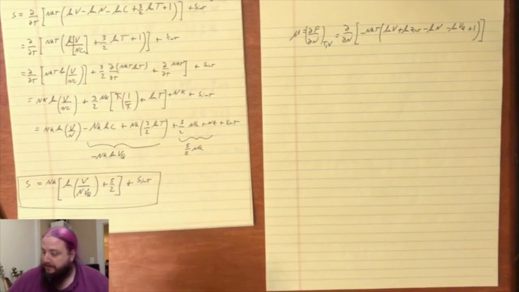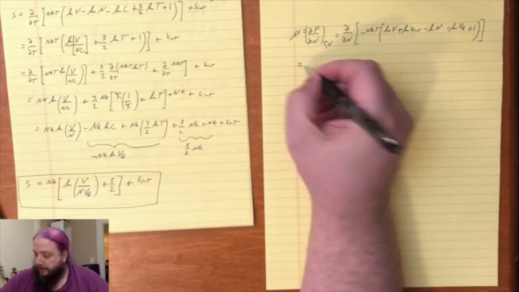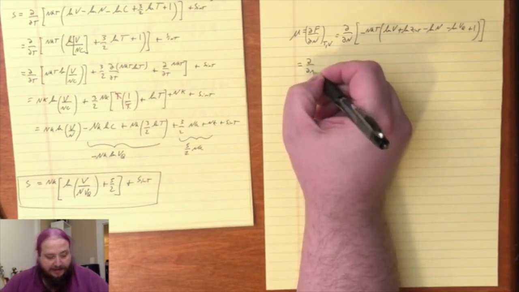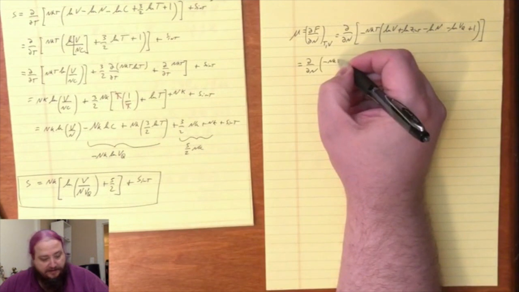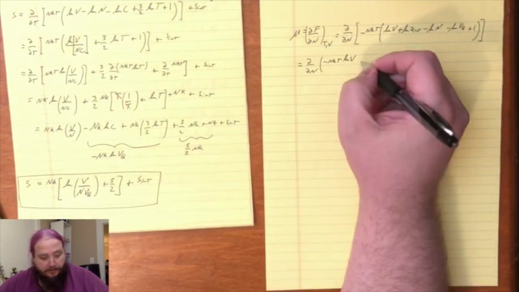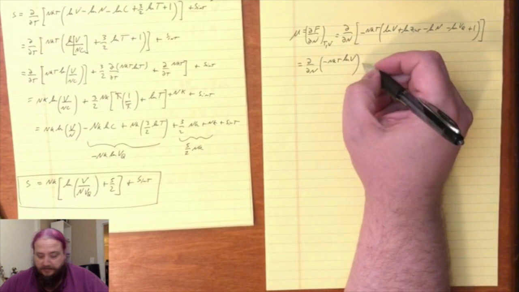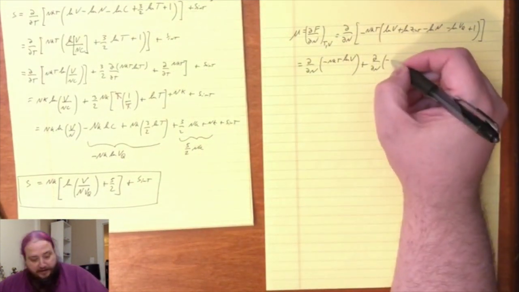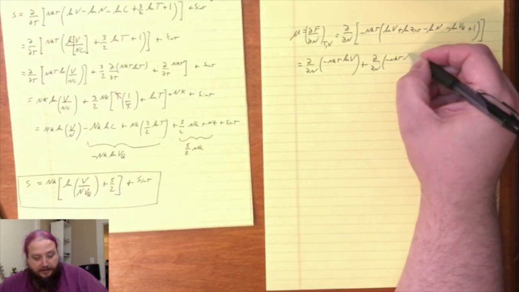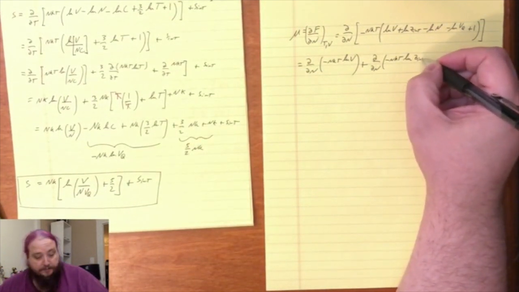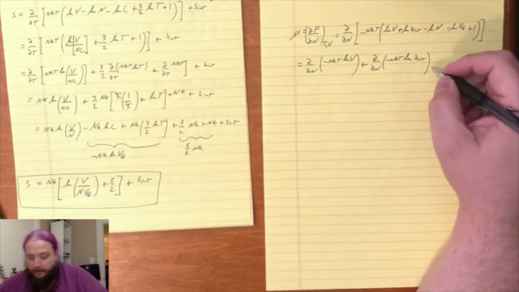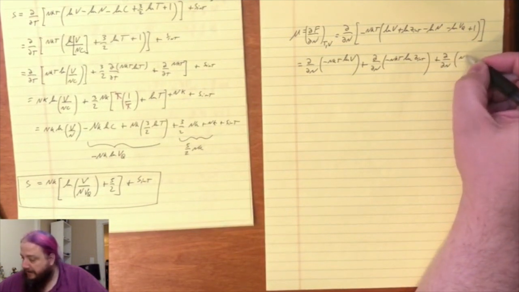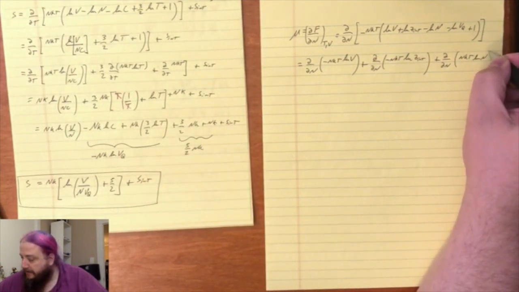Let's go ahead and break this up into some smaller pieces. So this is d by dN of minus nkt log volume, plus d by dN of minus nkt log z internal, plus d by dN of nkt log n.